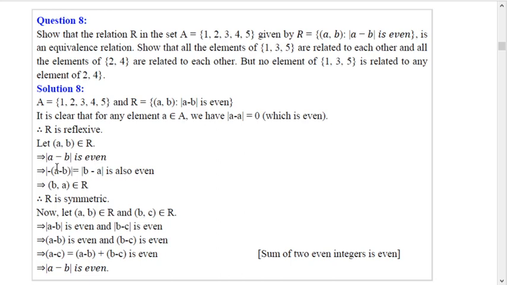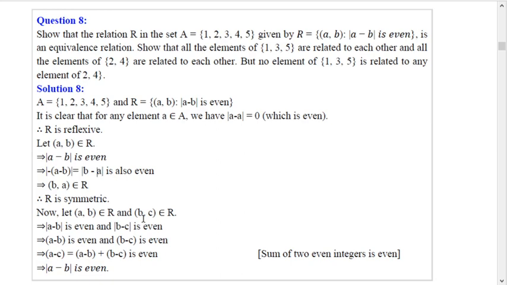We take out the minus common, so you write |b - a|. The minus becomes positive because the modulus sign automatically changes the negative value into positive. So |b - a| is also even, so (b, a) also belongs to R. Hence R is symmetric.